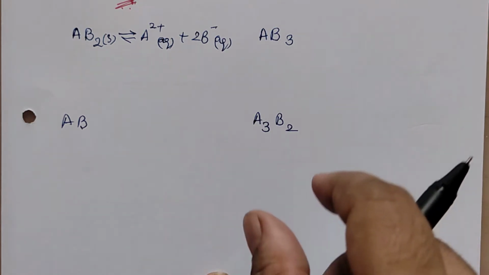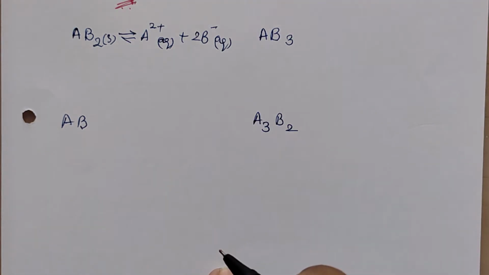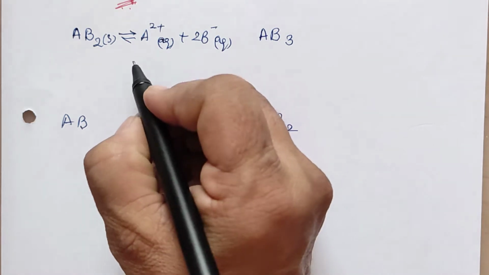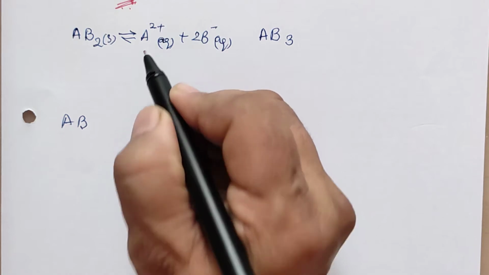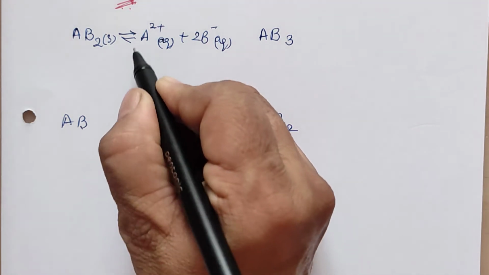It may not necessarily be 100 grams; we may say in a fixed quantity of the solvent, how much maximum solute can be dissolved at a specific temperature. But here we will say how many moles of the ions are being formed. The coefficient is 1.